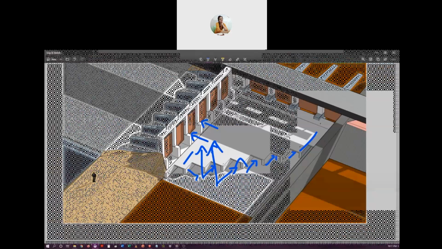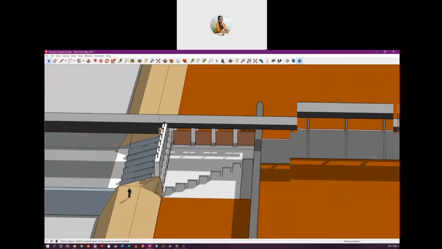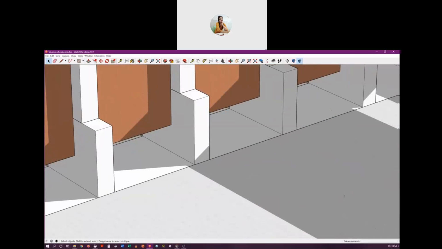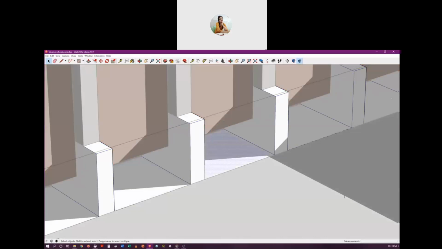Sometimes these tunnels may not be necessary if the natural riverbed is much below the sill level. Sill means this level, the threshold of this head regulator is called the sill.